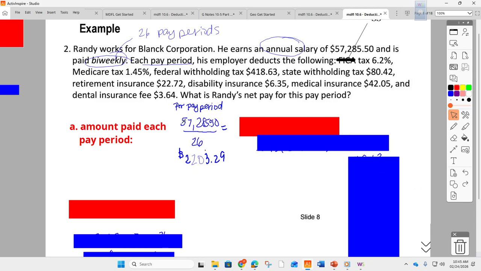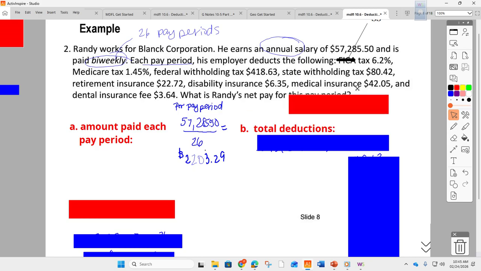We take his annual income and divide it by 26. His gross annual income divided by the number of pay periods in that year, and that gives us his biweekly income to match up with his deductions from that same period.